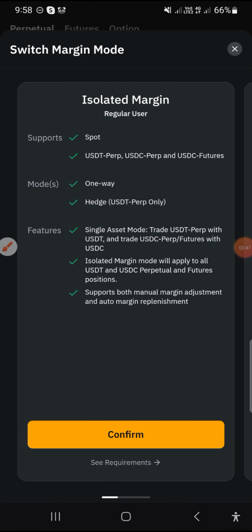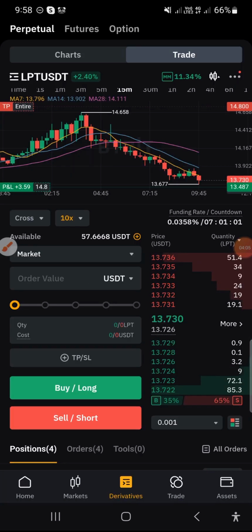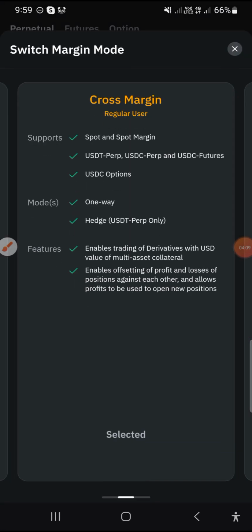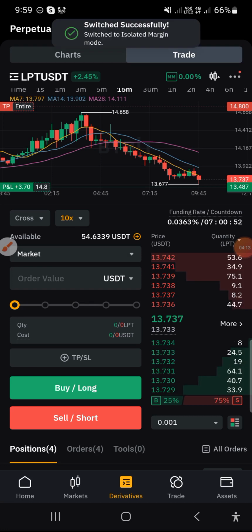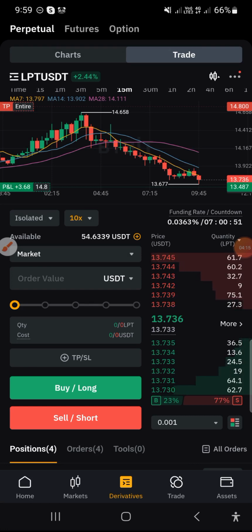explain this to you. Here you see spot, USDT perpetual, one way, single asset, isolated margin mode. Take your time to read this. Isolated margin simply means that if you want to trade with $10 now and you use isolated margin, let me select it, you are using isolated margin to trade.